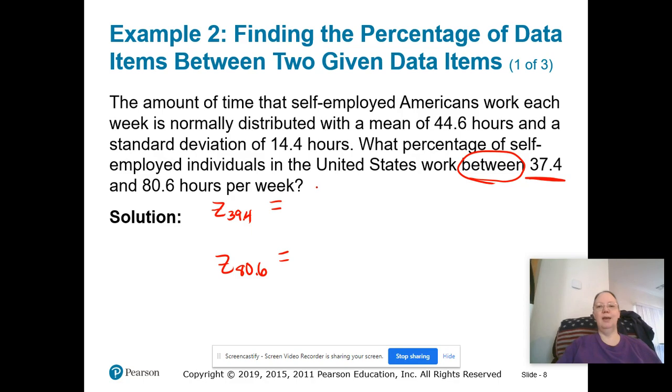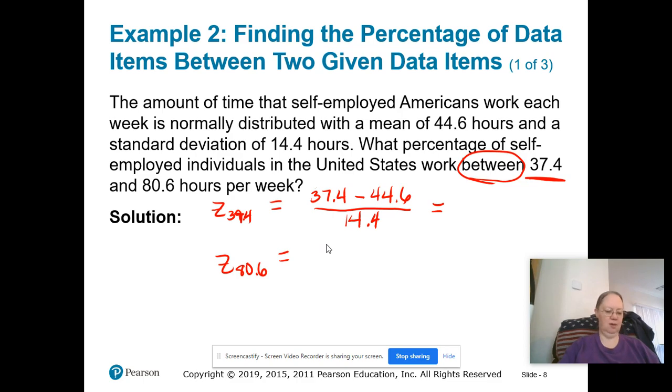So remember, data item, I put a 9, should be a 7. 37.4, subtract the mean of 44.6 divided by our standard deviation of 14.4. I should have done these numbers ahead of time.